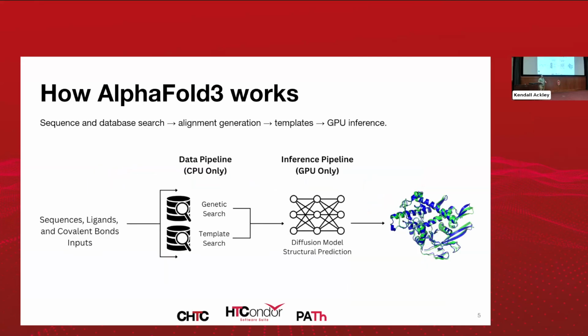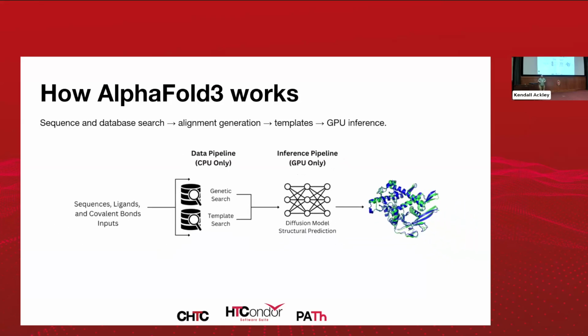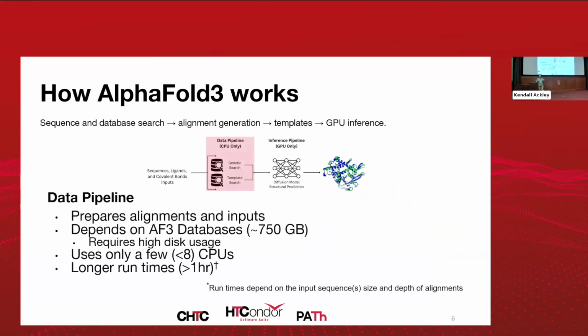Under the hood, AlphaFold is a two-step process. First, we have a data-intensive pipeline where AlphaFold skims through massive 750 gigabyte data sets of biological sequences, and it produces these things called alignments. These are sort of your Control-F of biology.